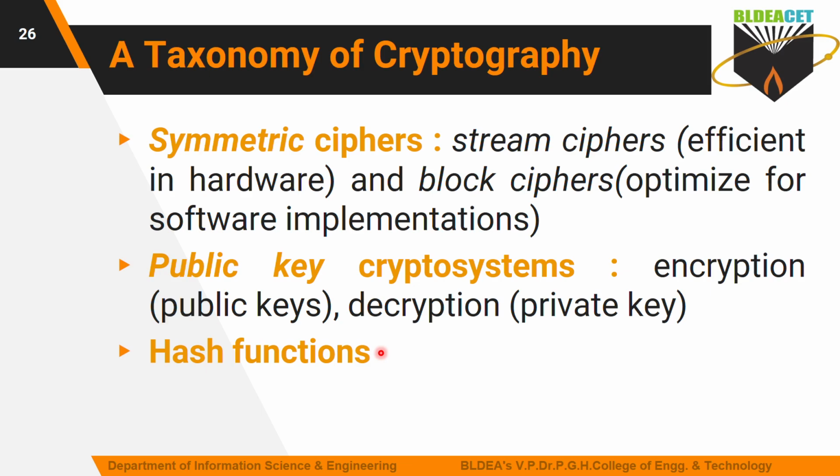Any small variation you make in the message makes the total hash key different. For example, I take a simple message, crypto systems, and I generate a hash key for this message. After that I remove two characters from the message, and now this is the new message.